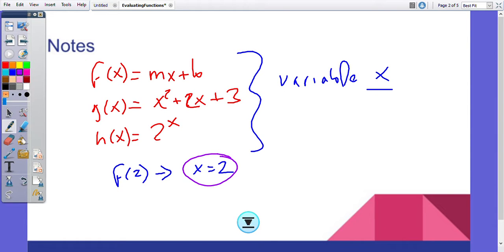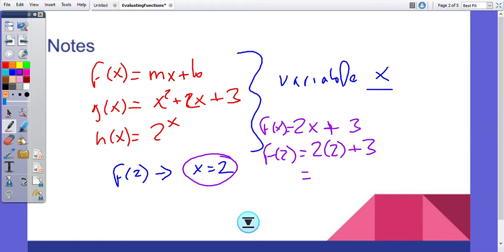As an example, my function could be 2x plus 3, and that's my function f of x. So if I say f of 2, that means I substitute x as 2: 2 times 2 is 4, 4 plus 3 gives me 7.